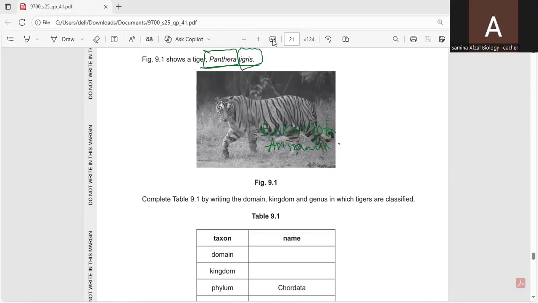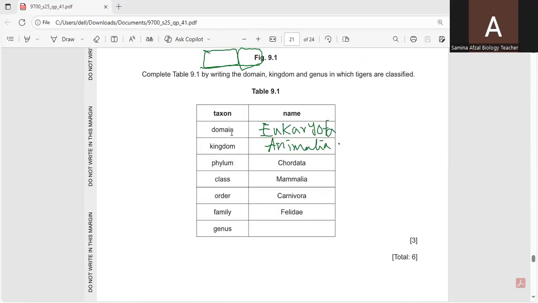According to the binomial nomenclature, the name consists of two parts, the first being the genus and the second the species. So here the genus is Panthera.